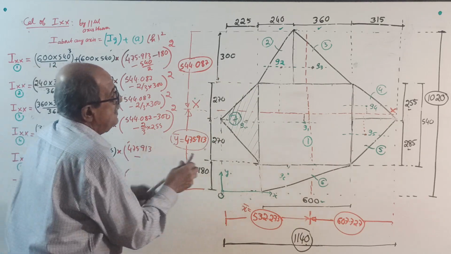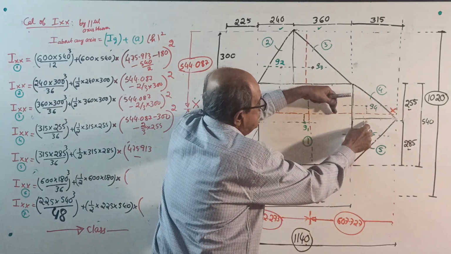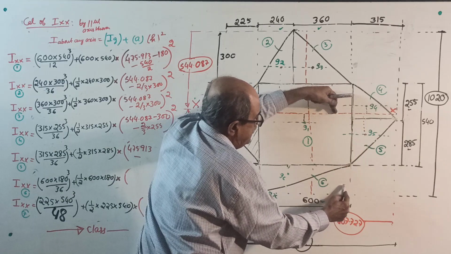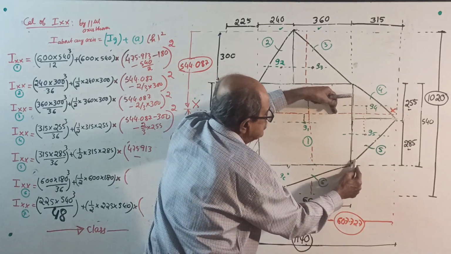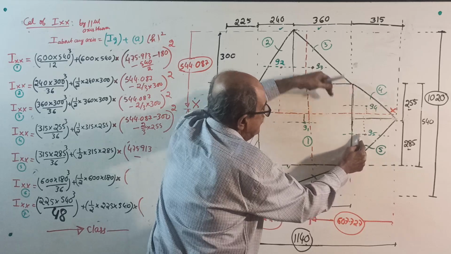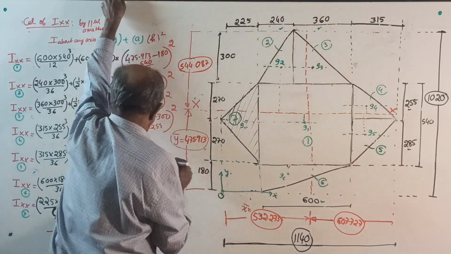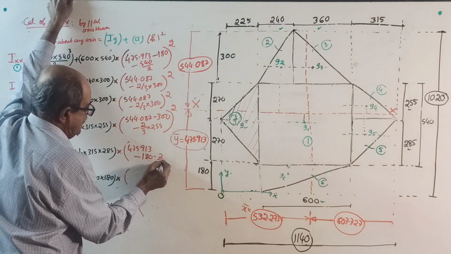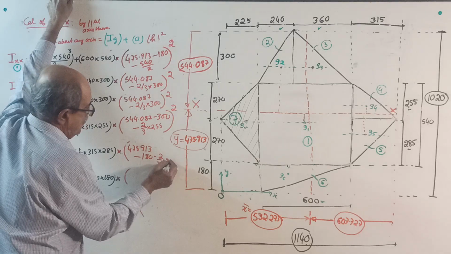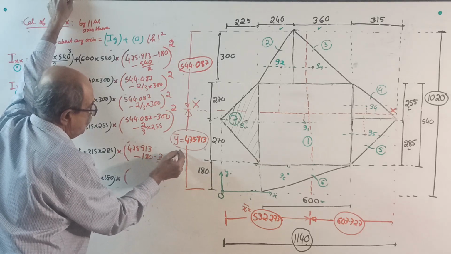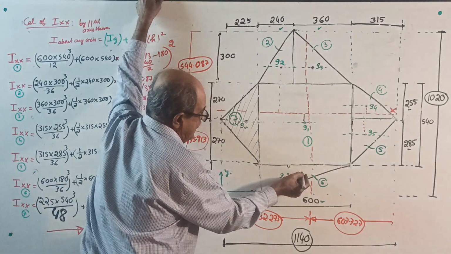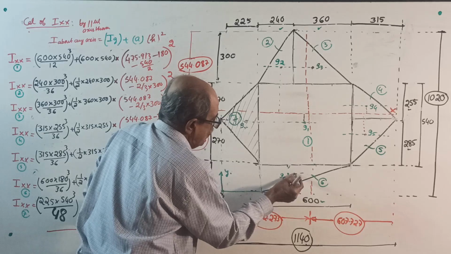We want this distance square: the full distance minus 180 and also minus 2/3 of 285, whole square.